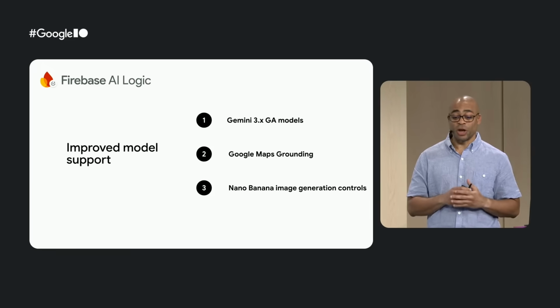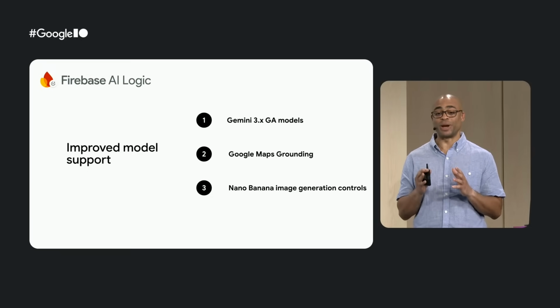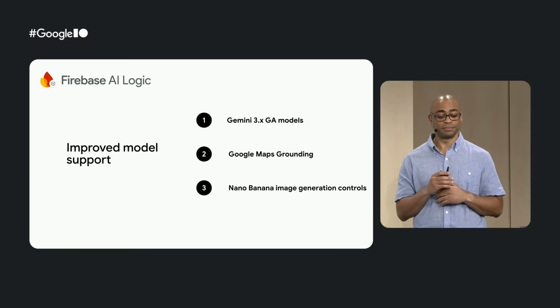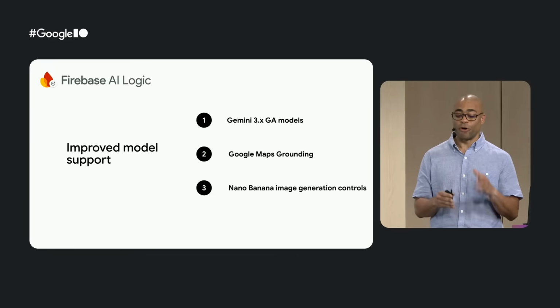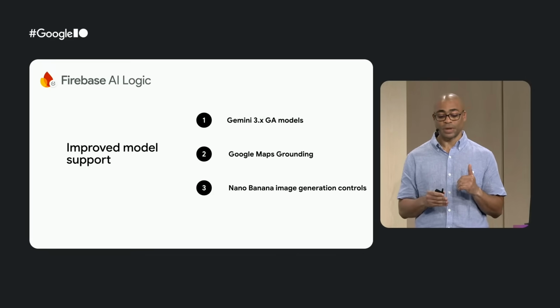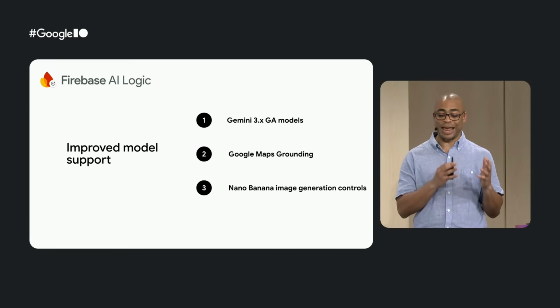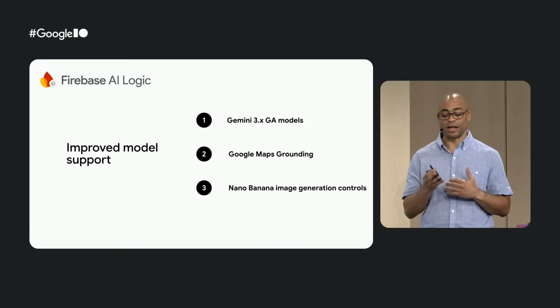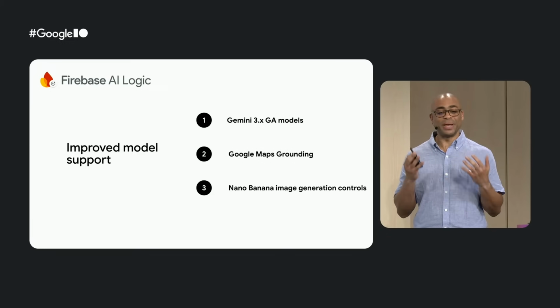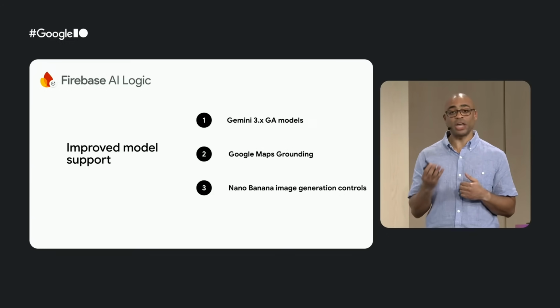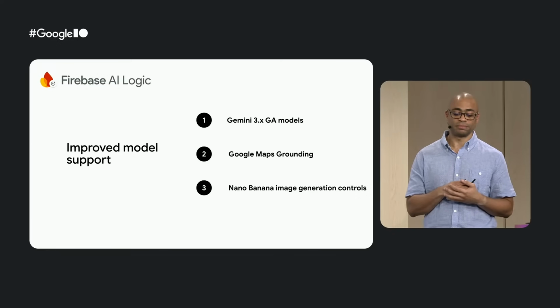Firebase AI Logic now supports the latest Gemini 3 GA models. We've added support for Google Maps grounding, allowing Gemini models to connect with geospatial data from Google Maps and build location-aware AI features.